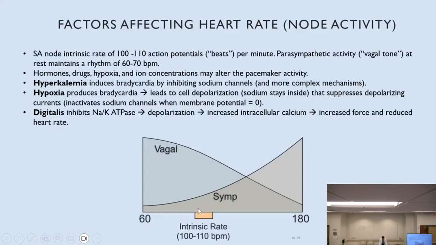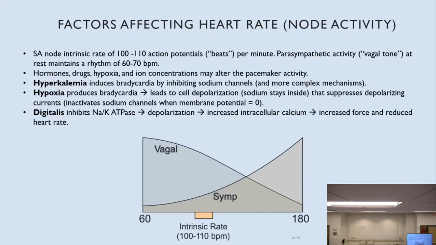And this simply is representing exactly the same thing, vagal stimulation, sympathetic stimulation. Remember, there is no moment when they are on or off, unless you cut the vagus nerve. We can produce that, cutting the vagus nerve. Of course, now the parasympathetic is off. But typically, physiologically, they are interacting.